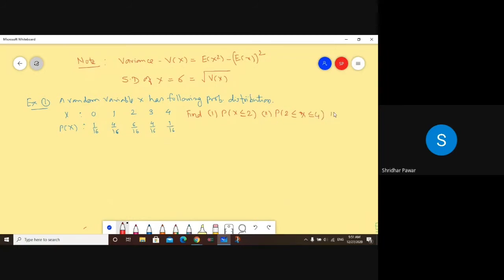Then number 3, probability of x greater than 2. If you know probability of x less than or equal to 2, its complement is probability of x greater than 2. Then number 4, find expectation of x. Number 5, find the variance of x. And last but not the least, find the standard deviation. Okay, now we will go one by one.